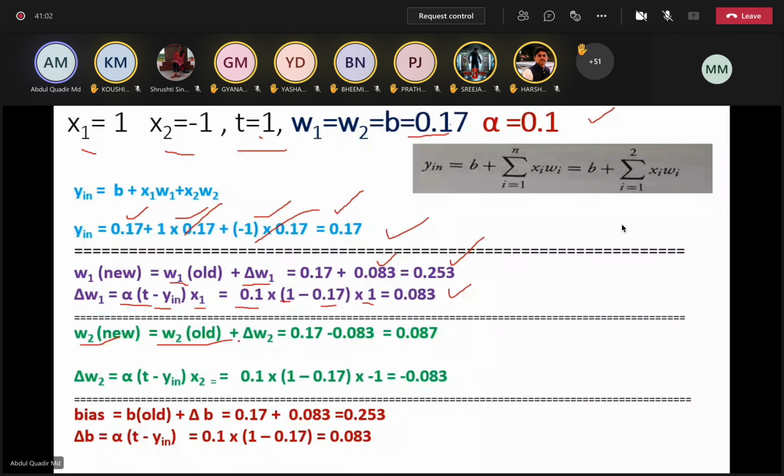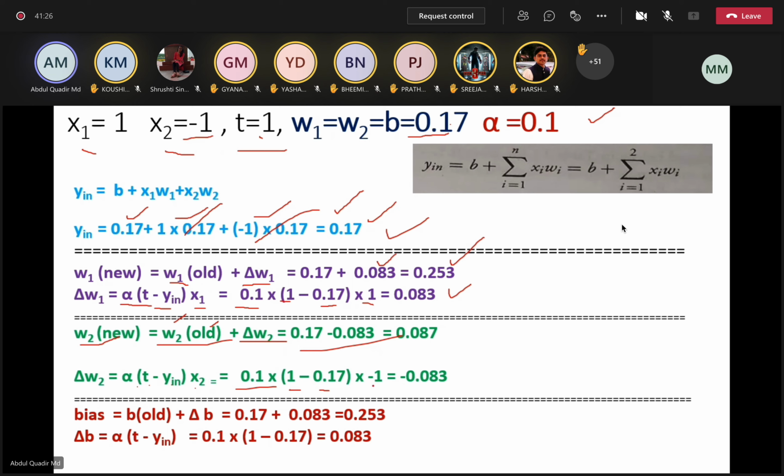Then W2, same formula. W2 new equals W2 old, which is 0.17, plus delta W2. Delta W2 is alpha into (T minus Yin) into X2. Alpha is 0.1, T is 1, and Yin is calculated as 0.17. X2 is minus 1.